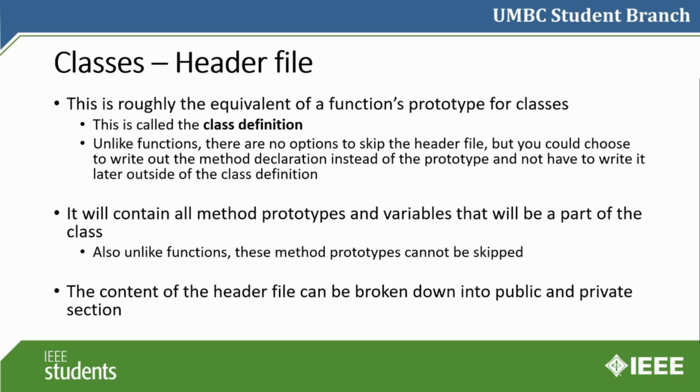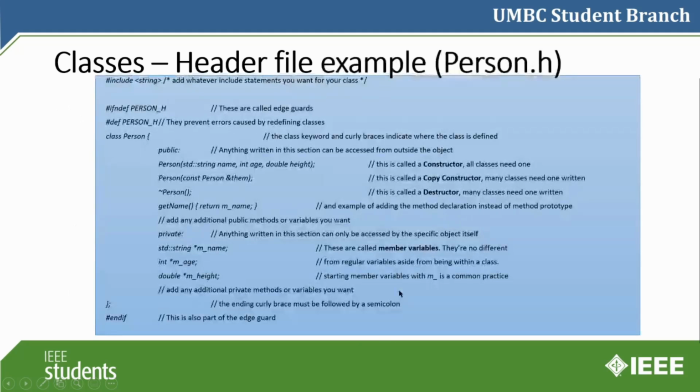Although it is possible to include the declaration of methods inside of the class definition without having to do them in the class body like you would otherwise. This will contain all method prototypes and variables that will be a part of the class. And the content of the header file can be broken down into two sections, public and private.